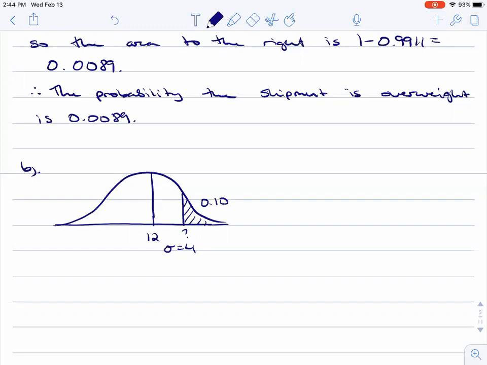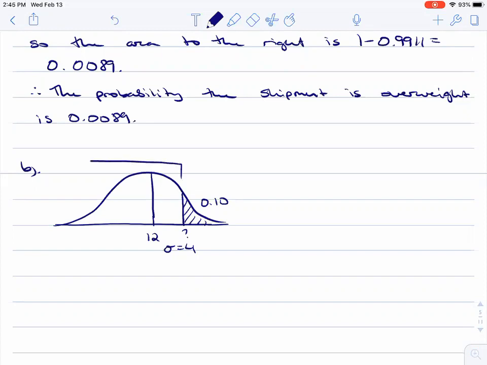Or you could look for the area closest to 0.1, realize that's going to give me a negative Z, but what I'm actually looking for is the positive version of it. That's fine. It just depends on what you want to look for. I'll stick to the 0.9.